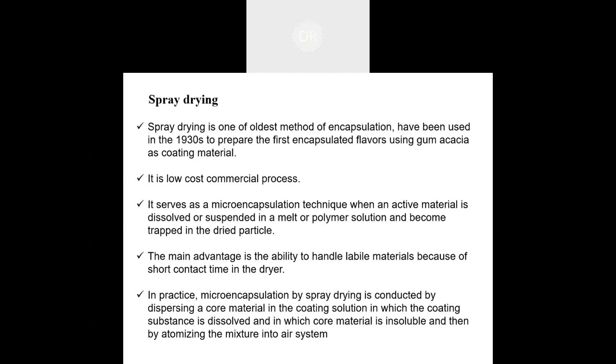Spray drying is the most frequently used and oldest method for the encapsulation of food components or food bioactives. It has been used for a few decades, since the 1930s, to encapsulate flavors using gum acacia as a coating material.